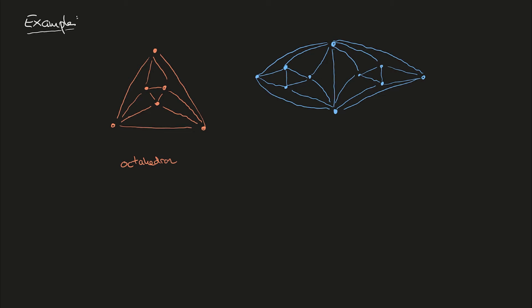And here on the right, we have what we get if we glue two octahedra together along one of their edges.